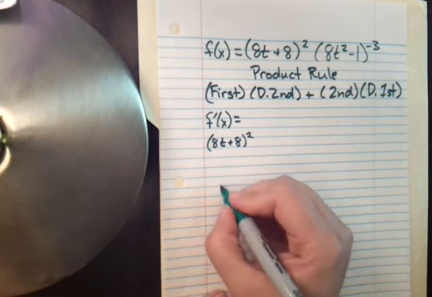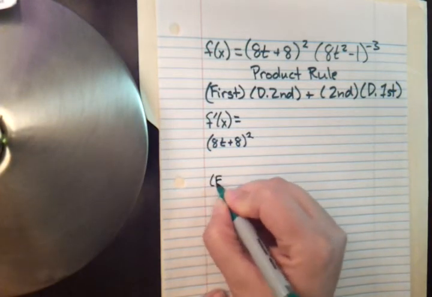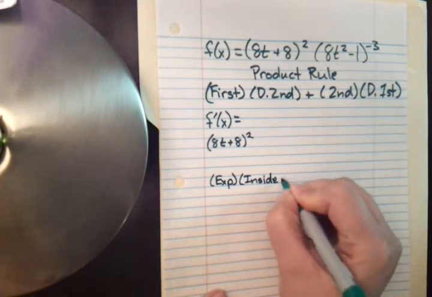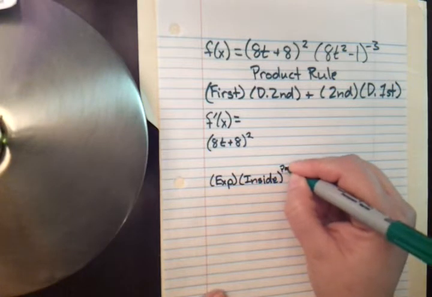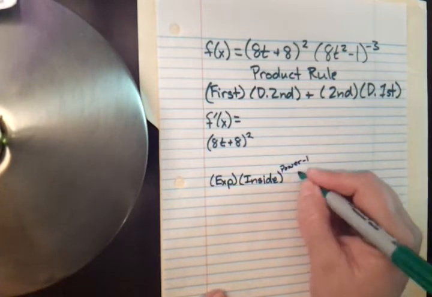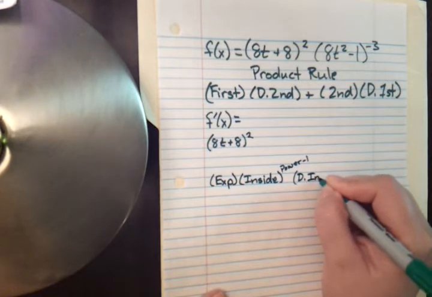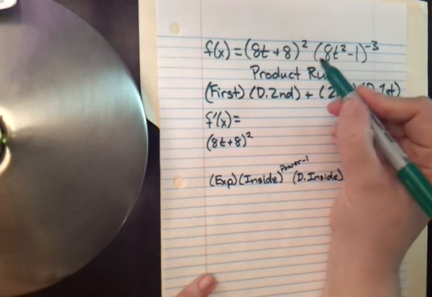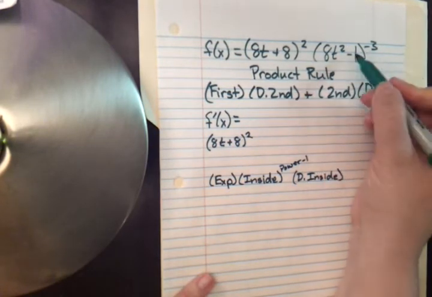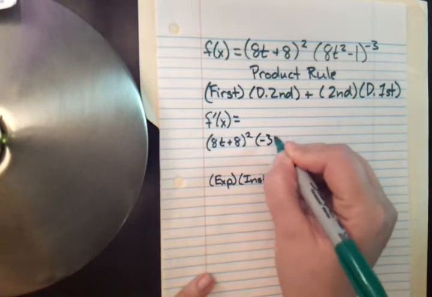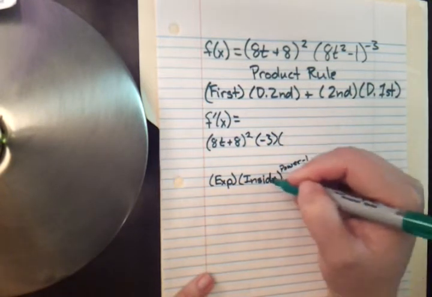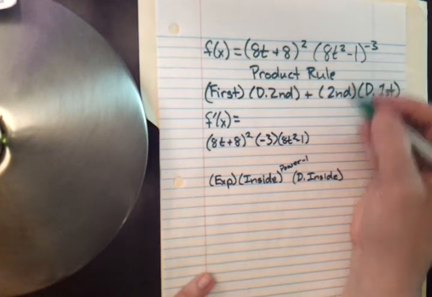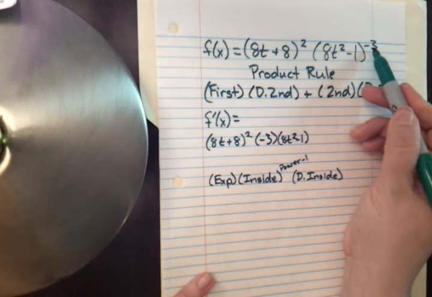Let's write down the chain rule here just to make sure we do the exponent times the inside of the parentheses, raise that to the power minus 1, and then multiply that times the derivative of the inside. Okay, that's the chain rule. So I need to bring down my exponent, multiplying times negative 3, and then the inside, 8t squared minus 1, just copying exactly what's in there, and then taking that exponent and subtracting 1.